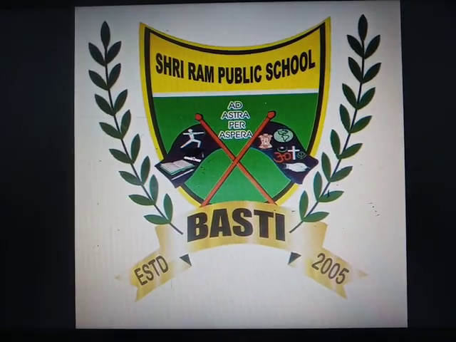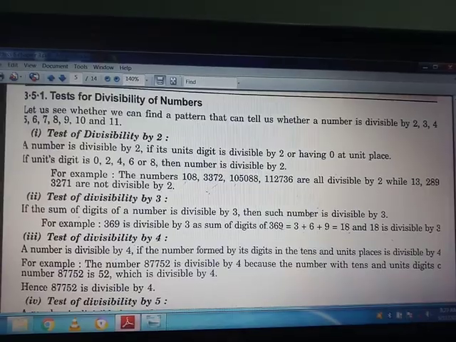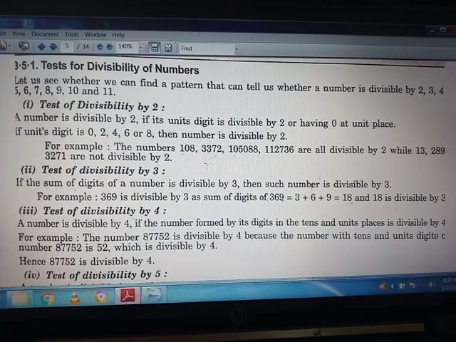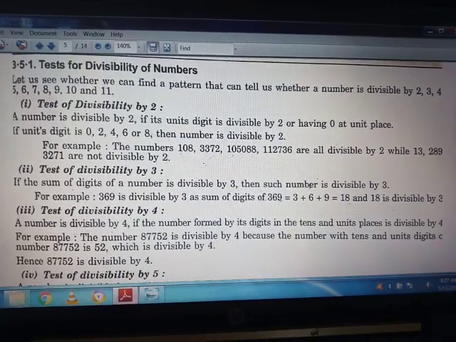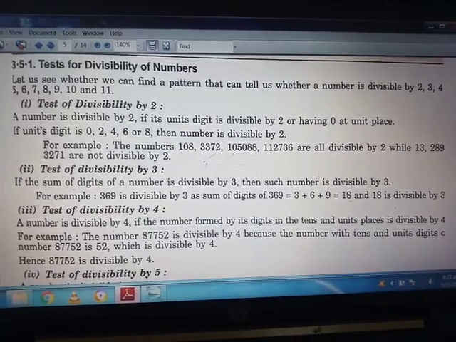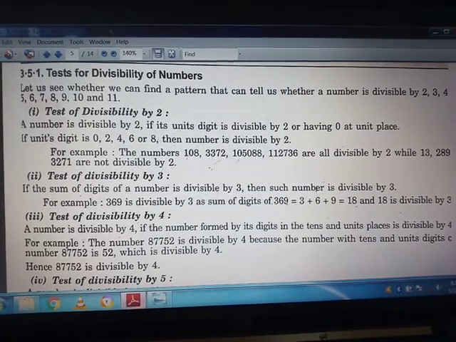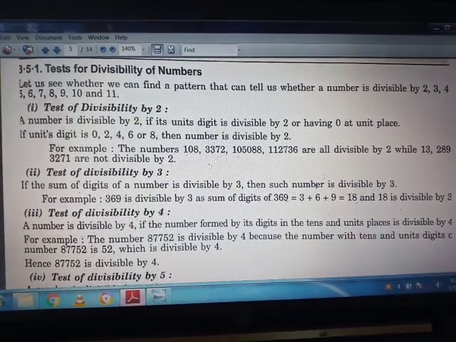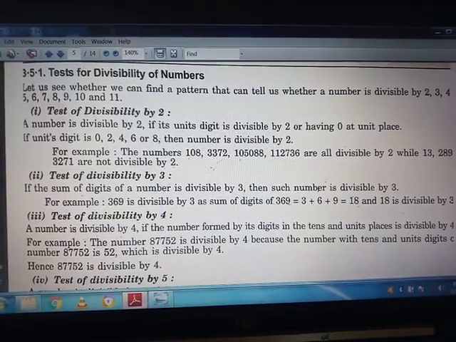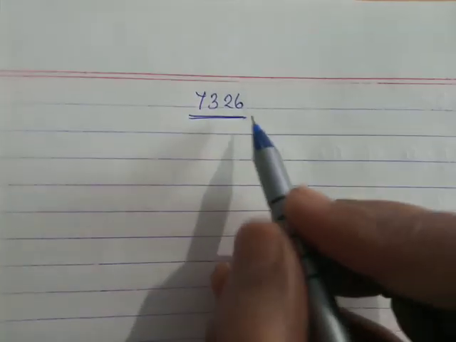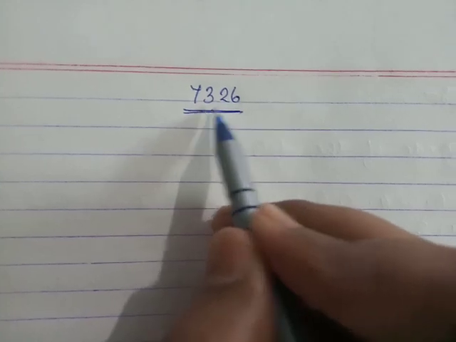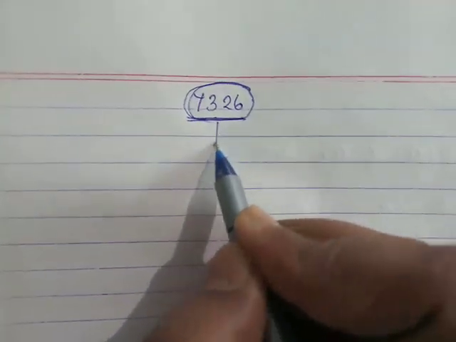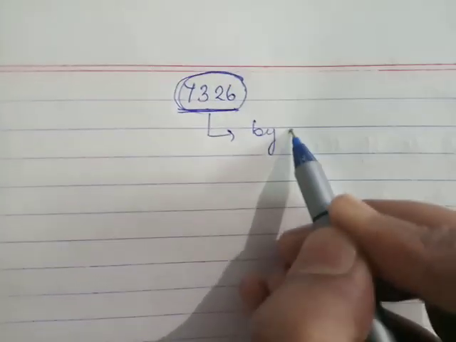Okay, so let's start. Here you can see that the test of divisibility of numbers is given. First one is test of divisibility by 2. A number is divisible by 2 if its unit digit is divisible by 2 or having 0 at unit place. Suppose we are having a number 7326 and we want to know the test of divisibility by 2.